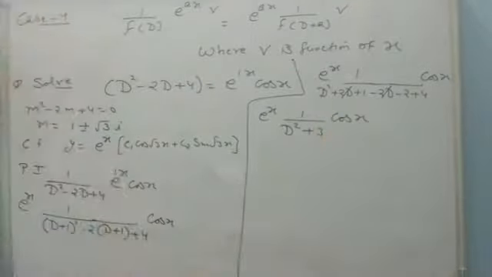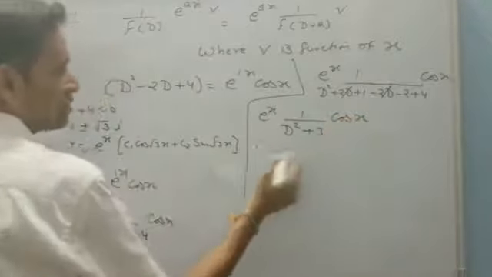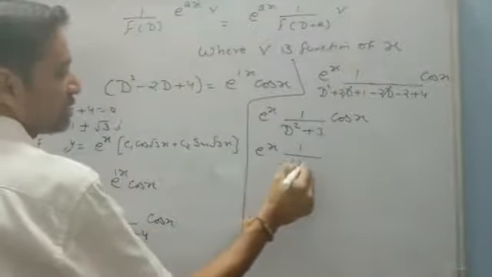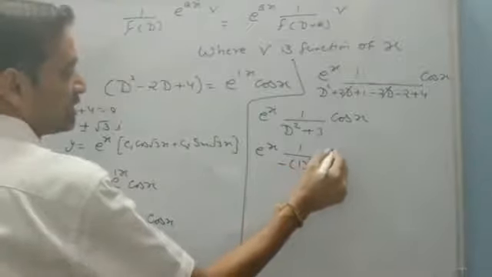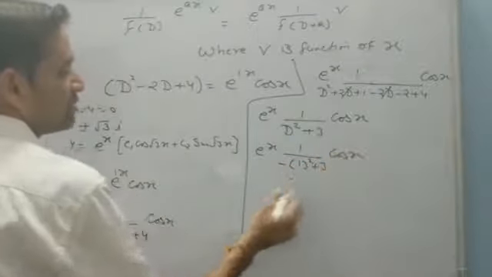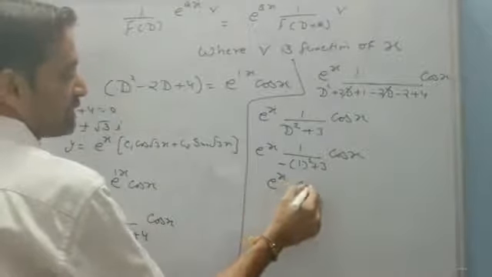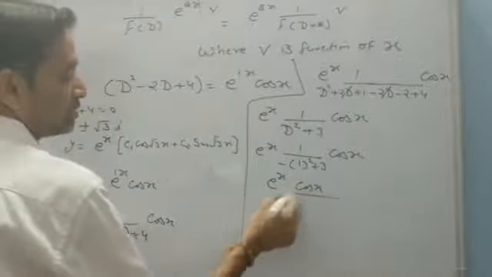Now you know how to solve the trigonometric form of this. Here the coefficient of x is 1, so it is e to the power x, 1 upon minus 1 square plus 3, of x, or e to the power x cos x by 2.